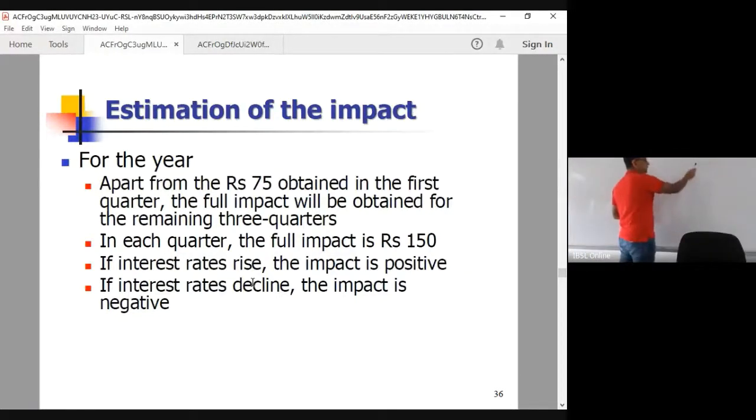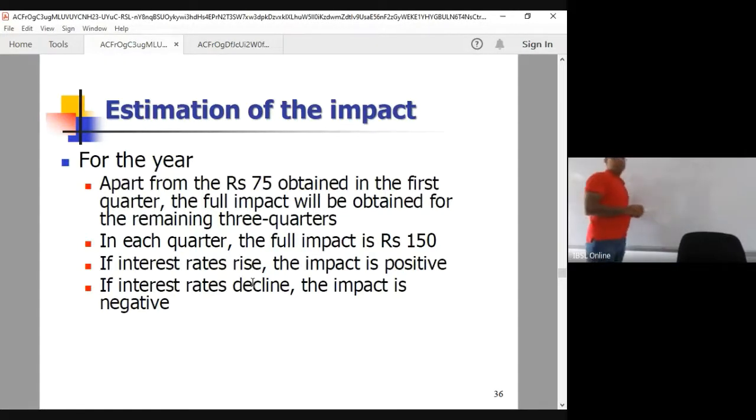So because we're taking only 75, for the remaining 3 quarters, if you take the full impact throughout the 4 quarters, the impact is going to be 150 per quarter. So there are 3, so that's 450 plus the 75, that comes to 525, which is the number that we have here.